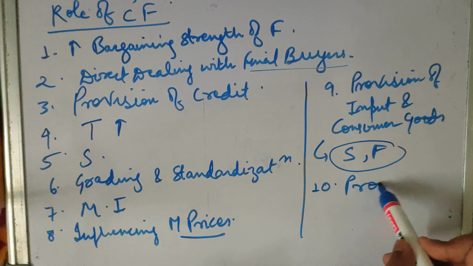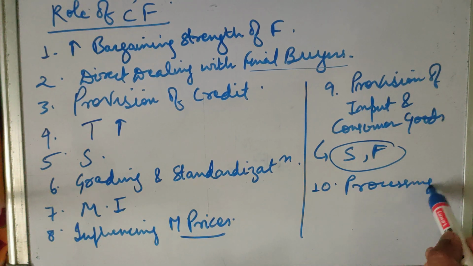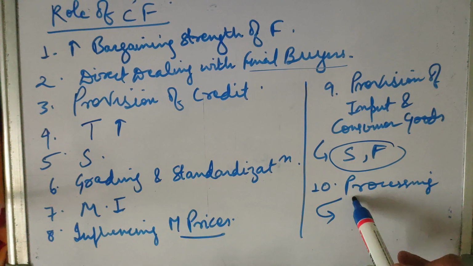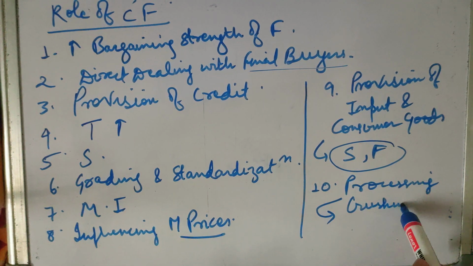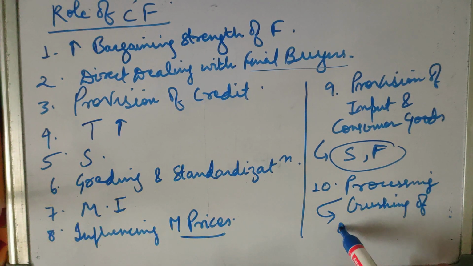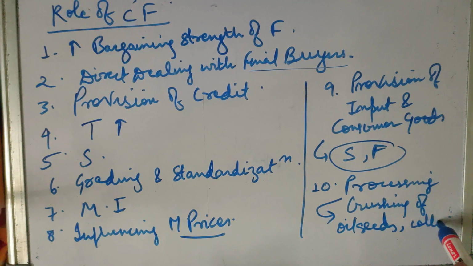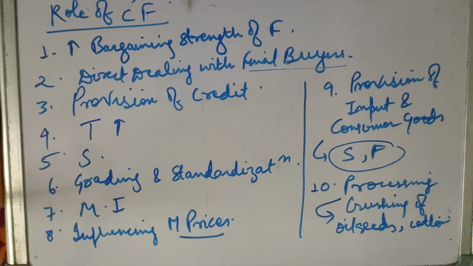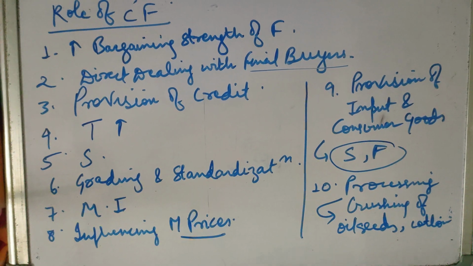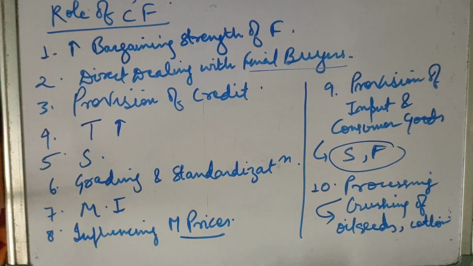Processing of agricultural produce can also be done, such as crushing of oilseeds and processing of cotton, etc. So these things can be done in cooperative farming.